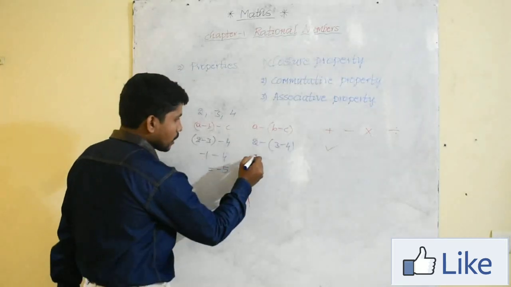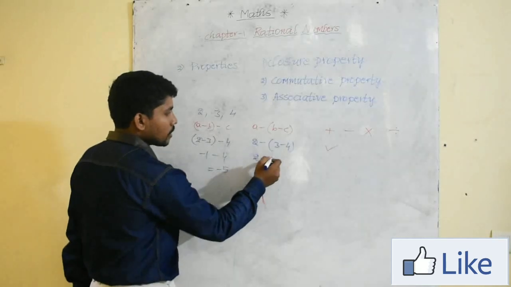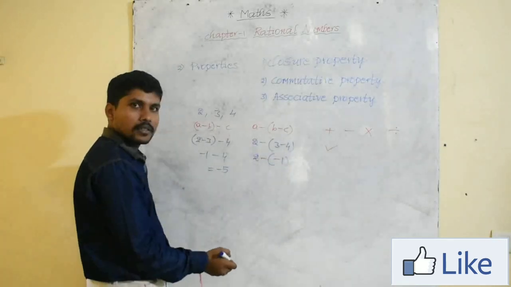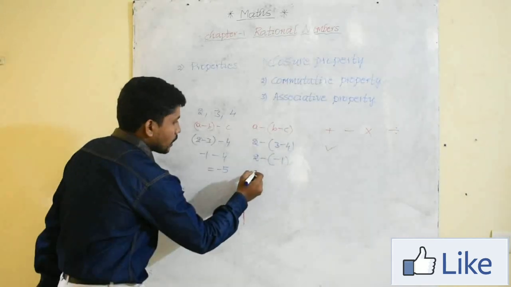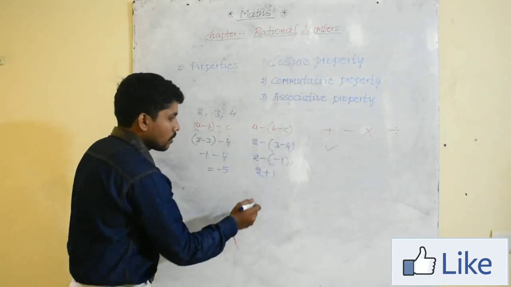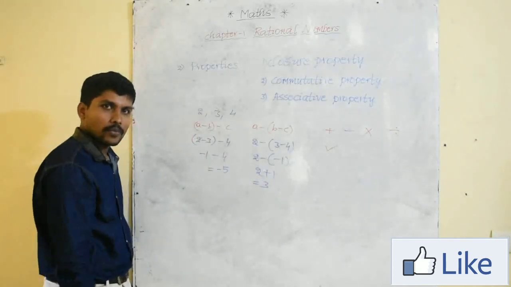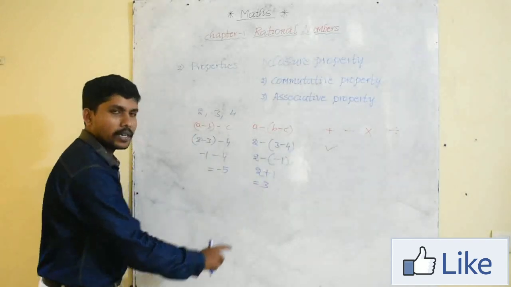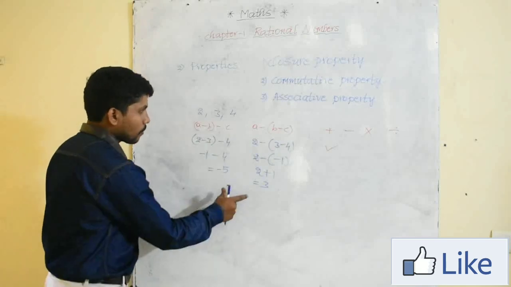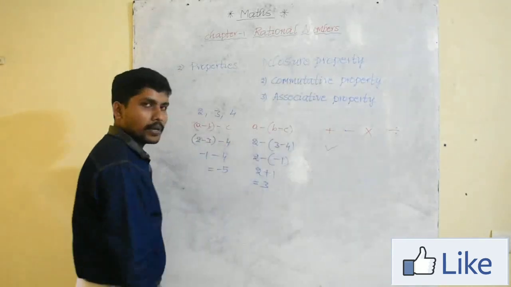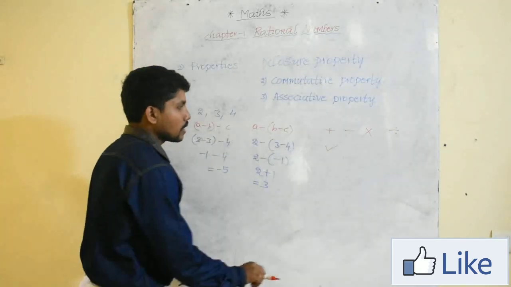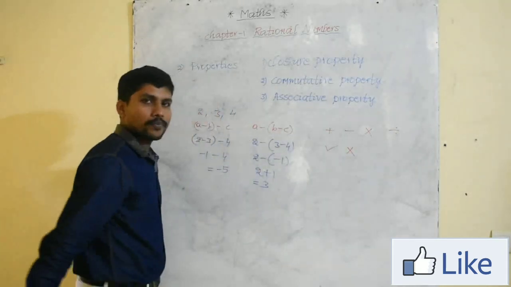And 2 minus (3 minus 4) is 2 minus of minus 1, which results in 2 plus 1, which equals 3. If you clearly observe, minus 5 and 3 are not the same. That means rational numbers under subtraction won't satisfy the associative property.